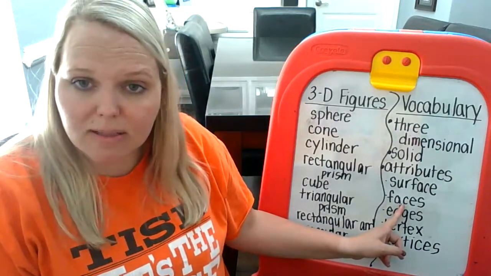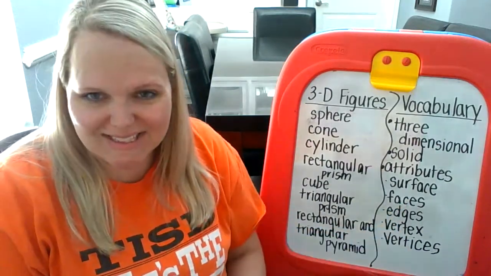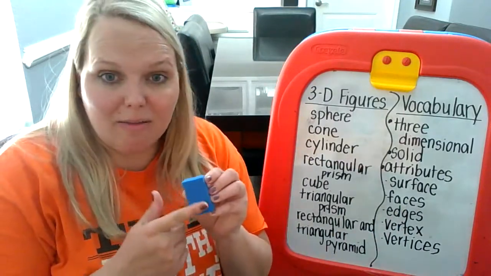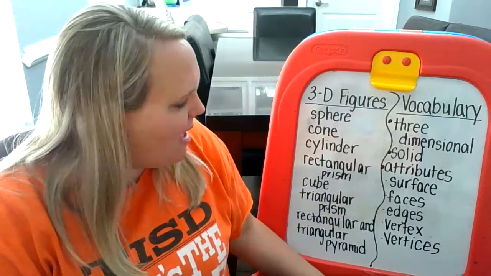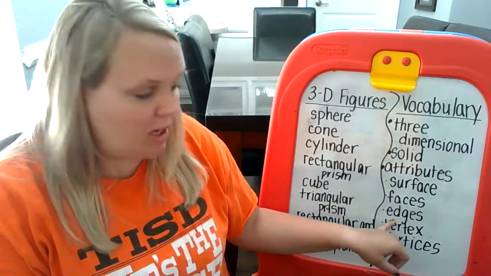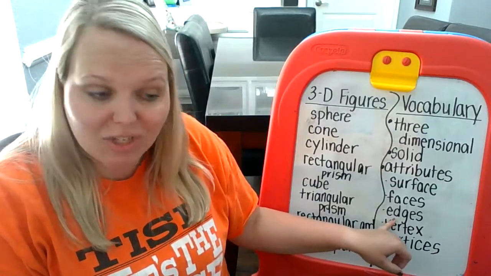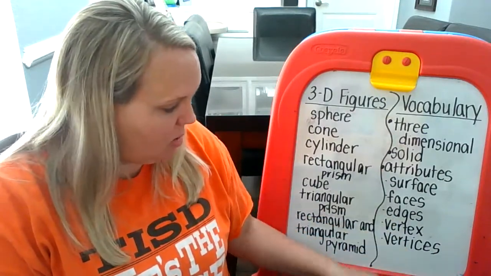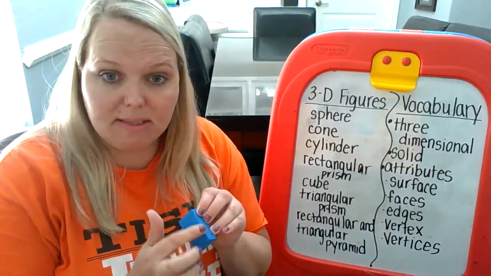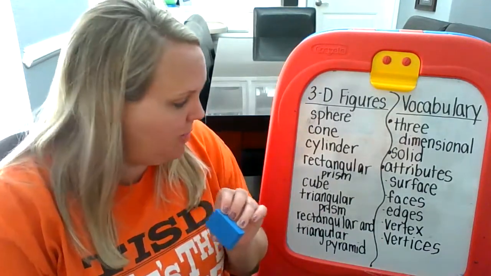We can tell about a solid shape based off of its faces. The faces are just the flat sides of it. We can also distinguish between these shapes based off of its edges. Edges are where two of the flat surfaces meet, and that would be the edge.